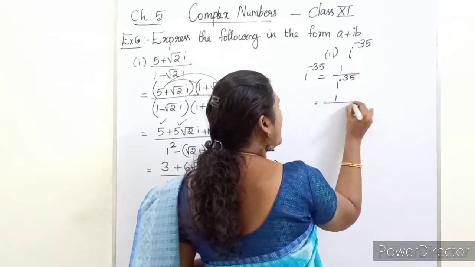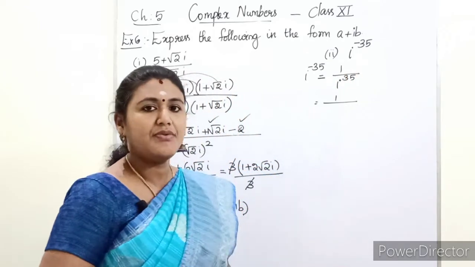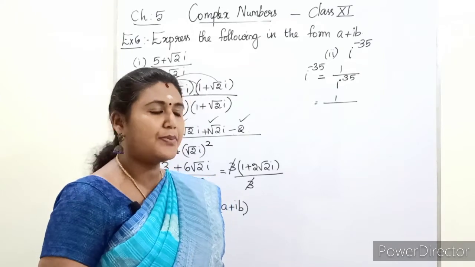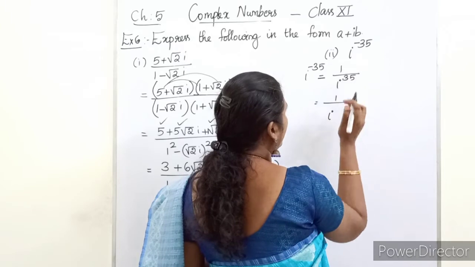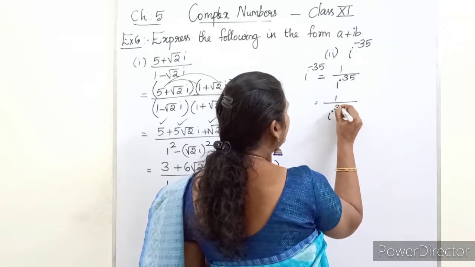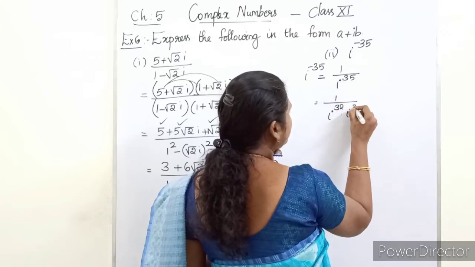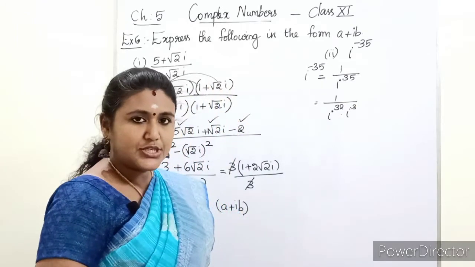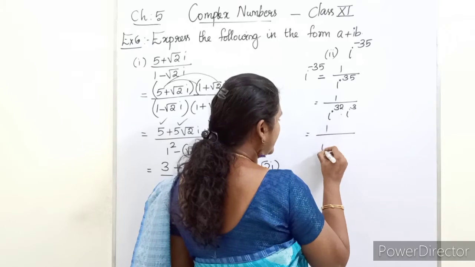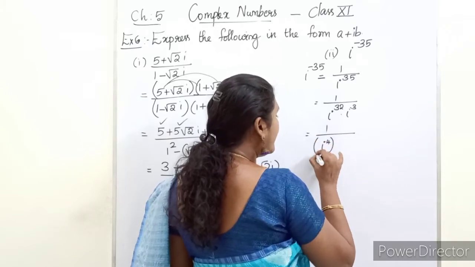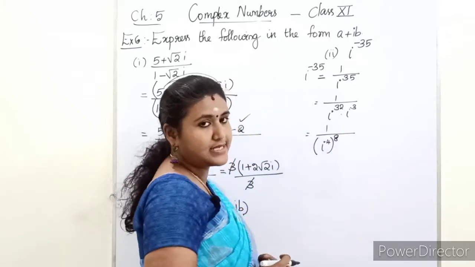Now what we have to do, this power 35 we have to express using a multiple of 4. So we can write i power 35 as i power 32 into i cube. Now i power 32 we can write as i power 4 the whole power 8.